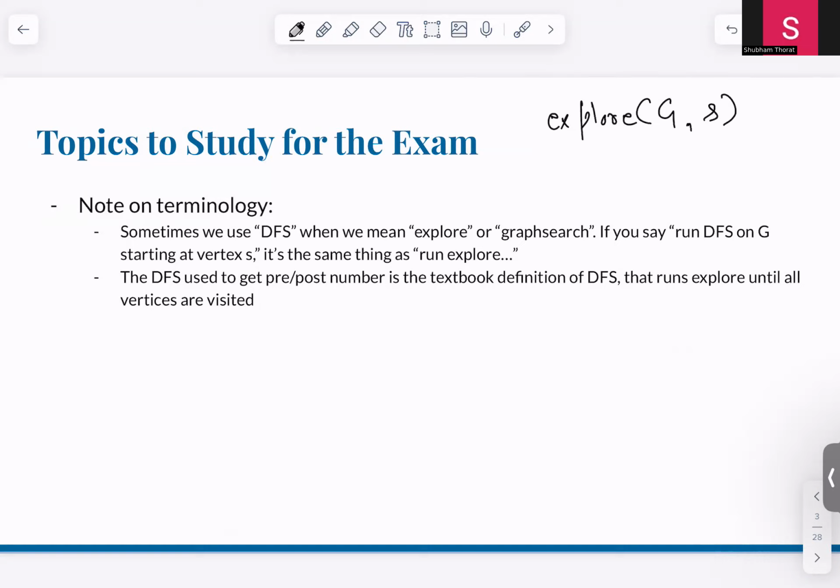But in DFS, it's a little bit different. If you say run DFS on G starting at vertex S, it is very similar to Explore. In that case, it is exactly Explore. So when you write DFS from G starting at S, these two are the same thing. But when you just say DFS without any starting reference, this is the textbook definition of DFS.